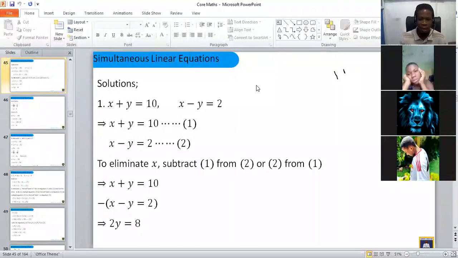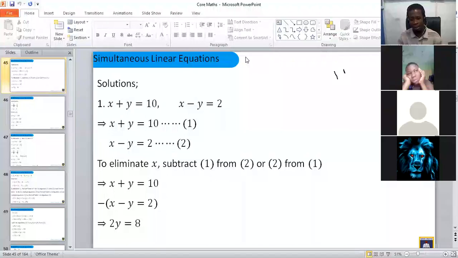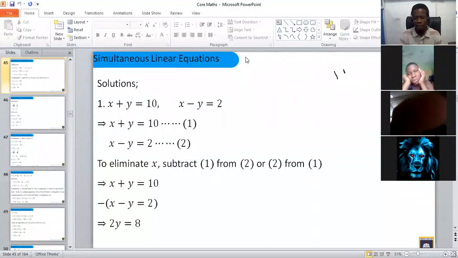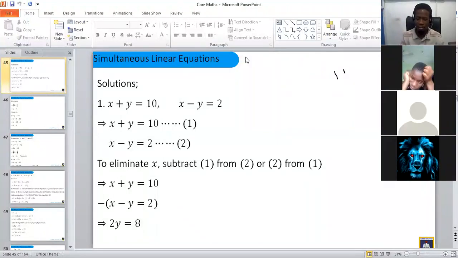The sign we are talking about here is whether the signs are positive in one and negative in one. If it is positive in one and one is negative, then they are not the same. But if they're positive, positive, they're the same. If they're negative, negative, they are also the same.